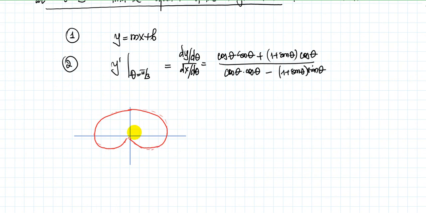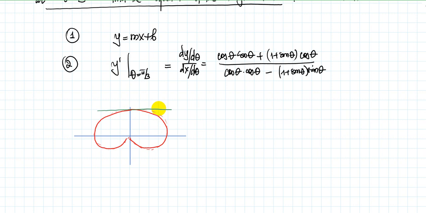For example, if you would draw the tangent line here, what is the value of the theta where I'm going to draw the tangent line like this? What is the theta here? It's going to be pi over 2, right? So the slope of the tangent line is equal to 0, right?